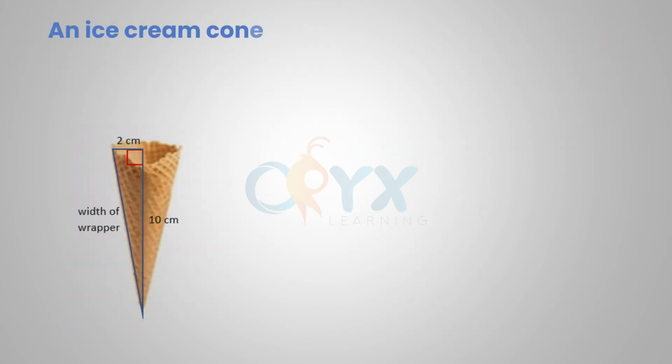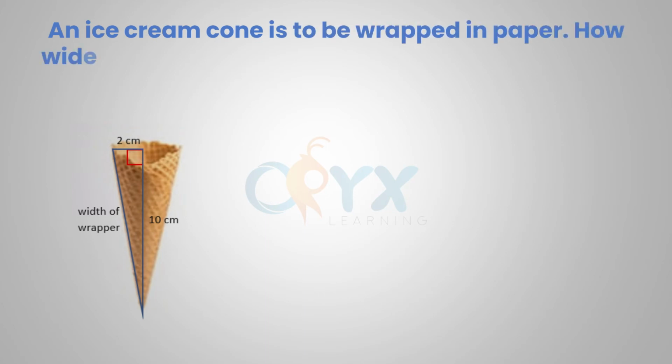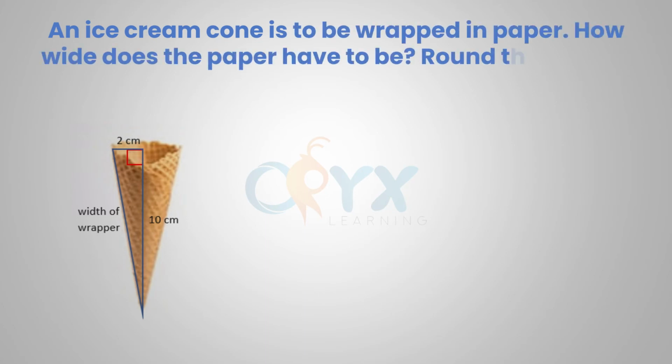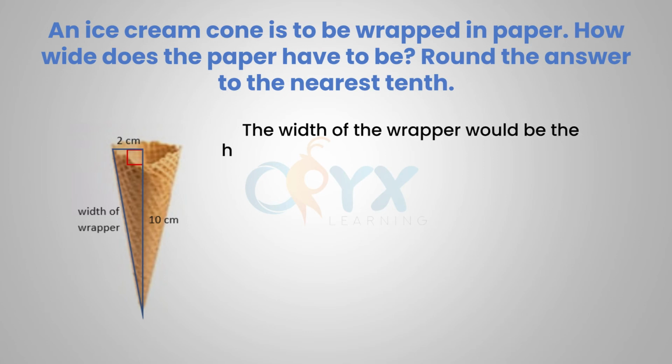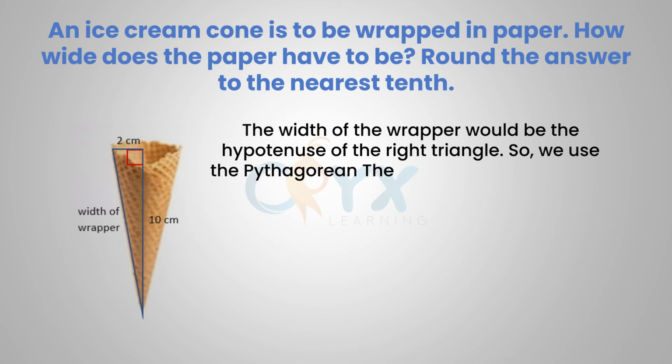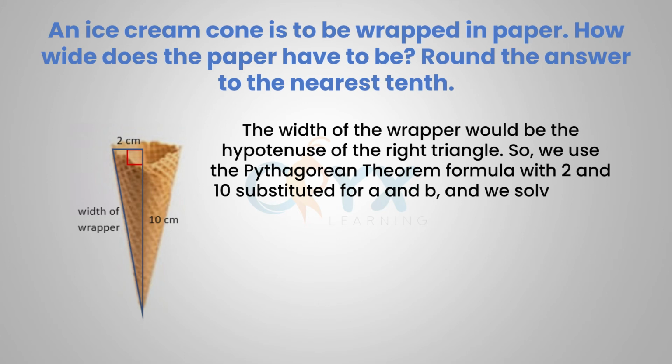An ice cream cone is wrapped in paper. How wide does the paper have to be? Round the answer to the nearest tenth. The width of the wrapper would be the hypotenuse of the right triangle. So we use the Pythagorean theorem with 2 and 10 substituted in for a and b, and then we solve for c. So remember the Pythagorean theorem is a squared plus b squared equals c squared.